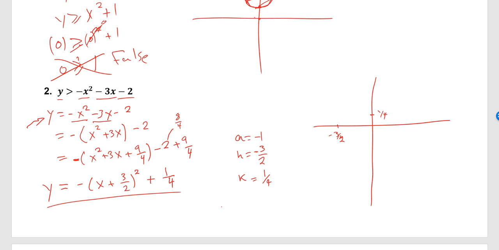This is my vertex. Okay? And then with a equaling minus 1, I know the graph opens down. But keep in mind, since this is just a greater than, I need a dashed curve.